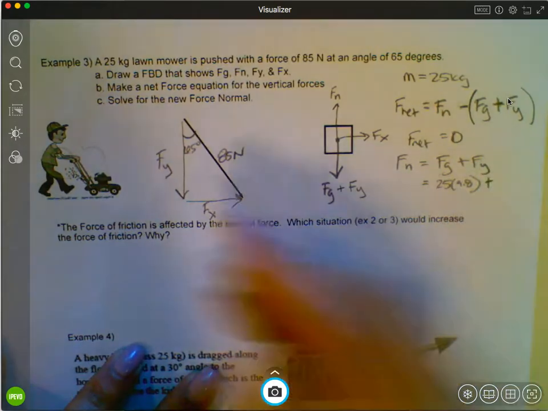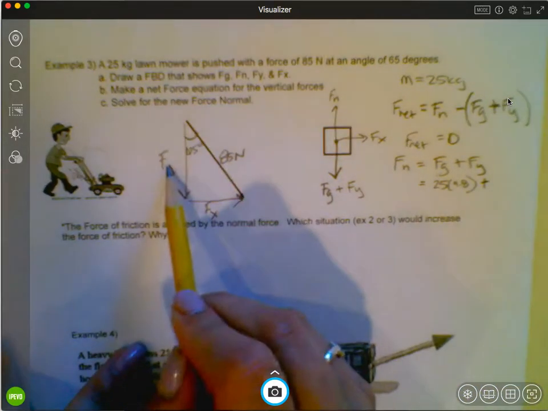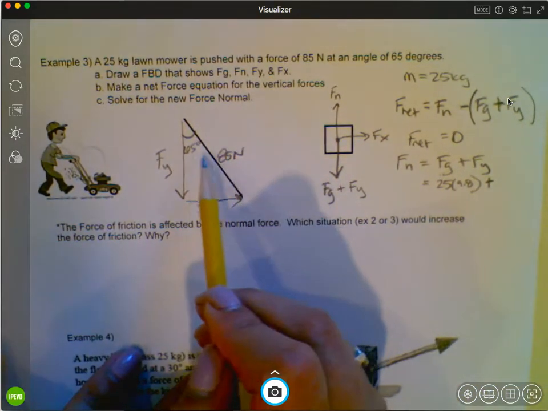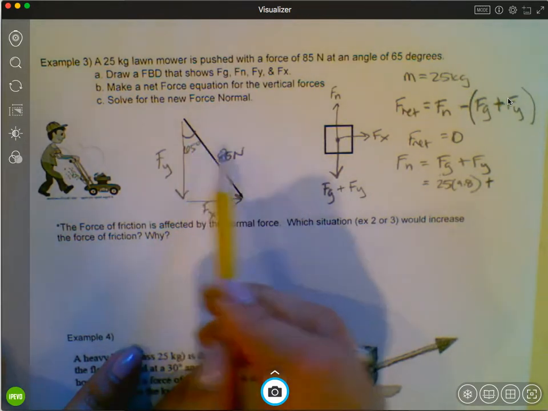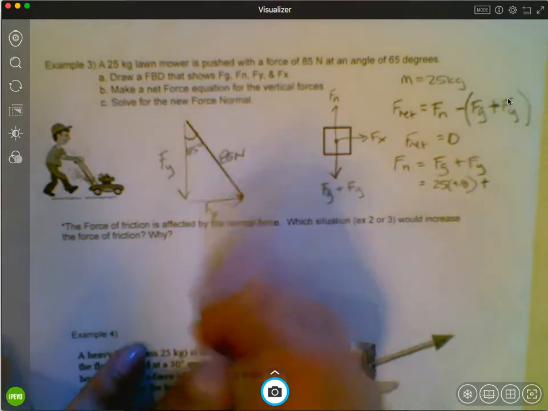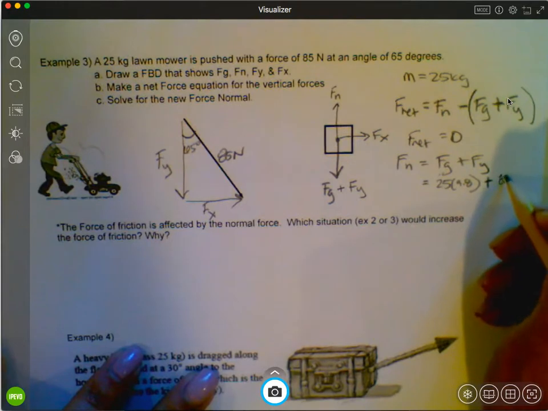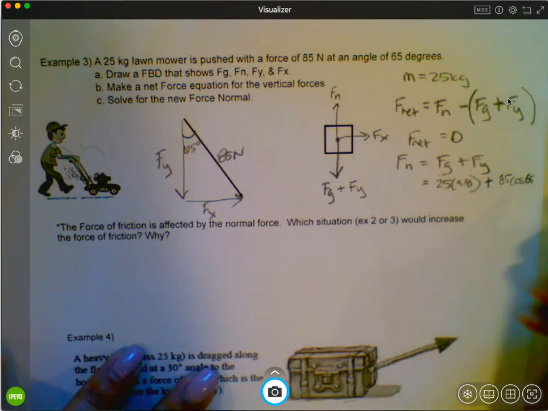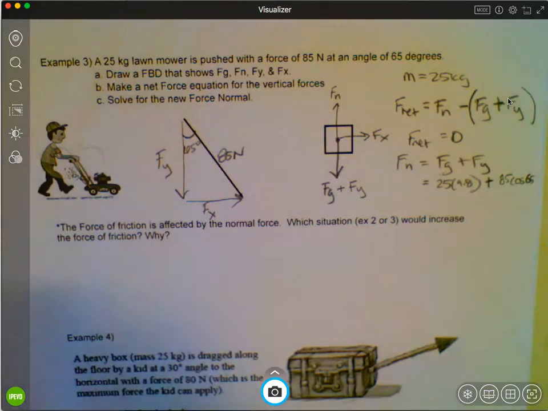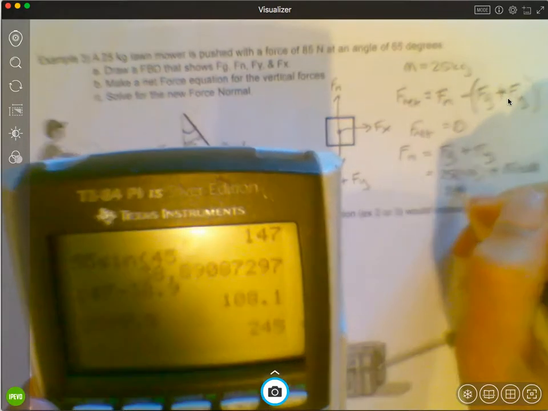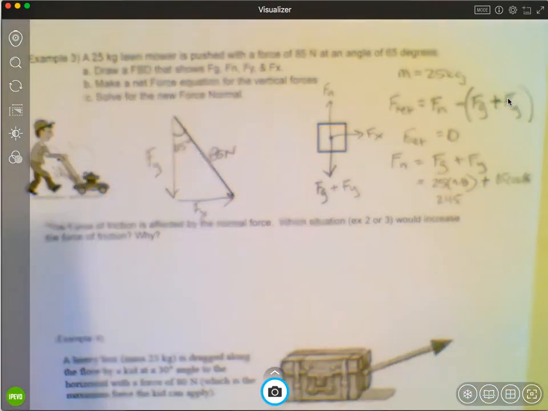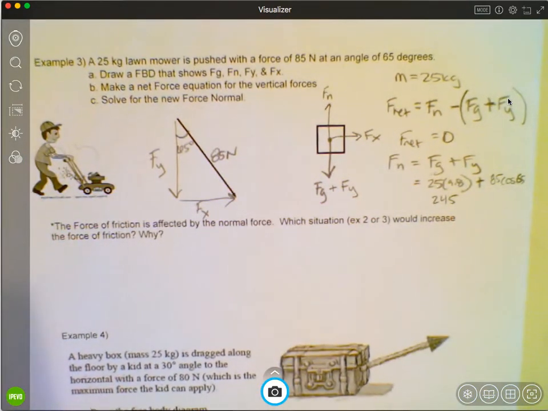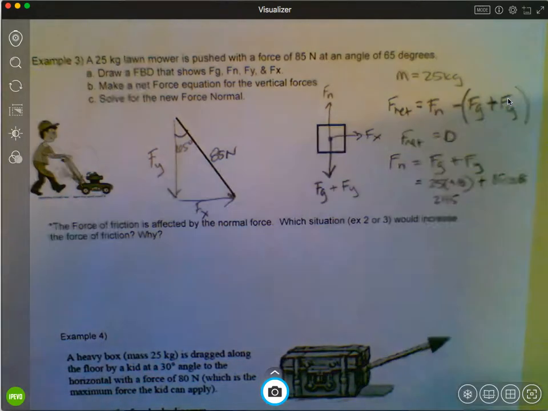While Fy is going to be, actually now this is the adjacent angle, it's going to be 85 cosine 65. Okay, so let's see, we get 25 times 9.8, which is 245. And then 85 cosine 65 is 35.9.